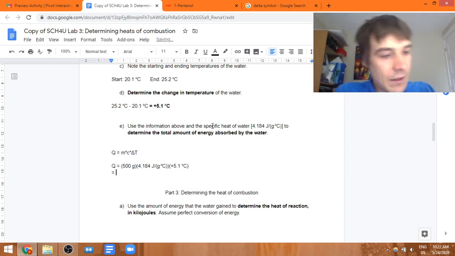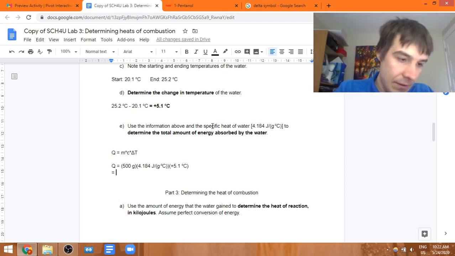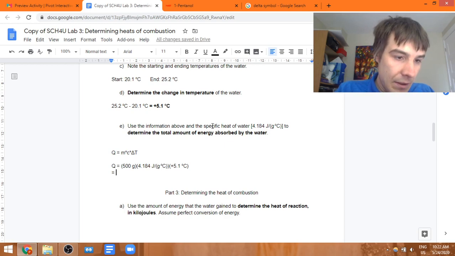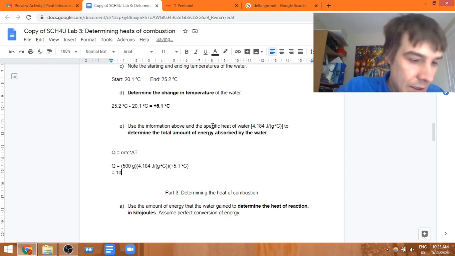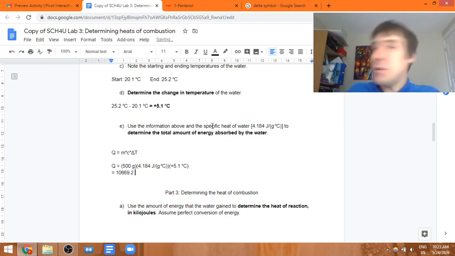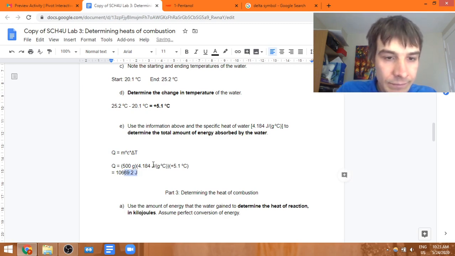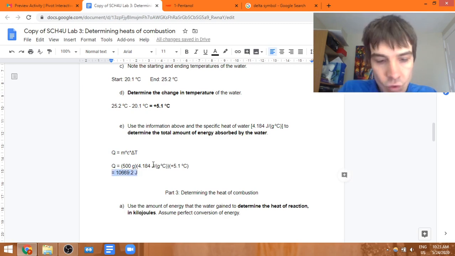Put it through a calculator, 500 times 4.184 times 5.1. I get 10,669.2. And then I need a unit. What's my unit for my energy here? Well, we had joules per gram degree Celsius. Grams will cancel grams. Degrees Celsius will cancel degrees Celsius. It's going to be in joules.